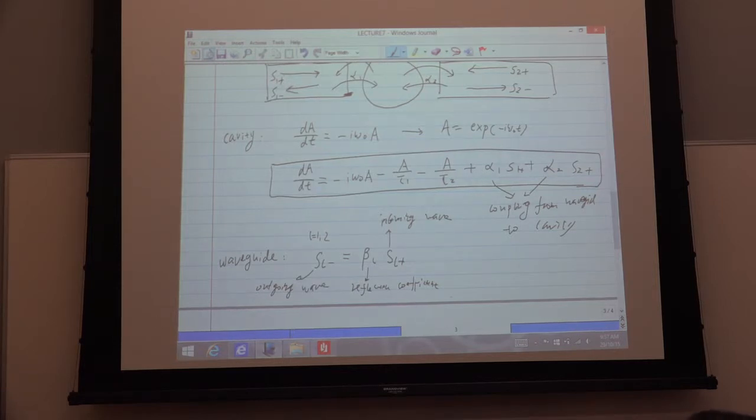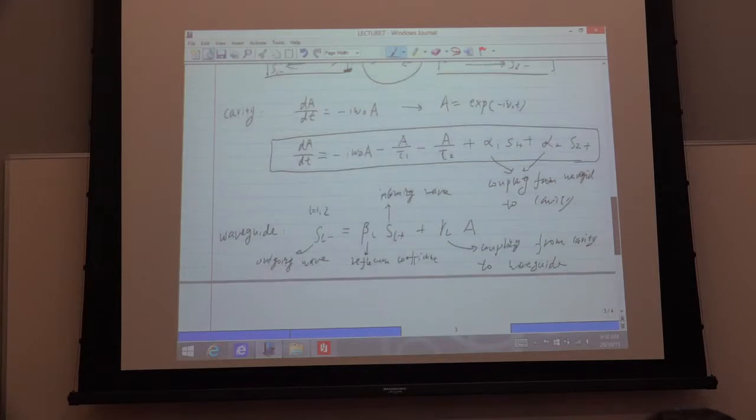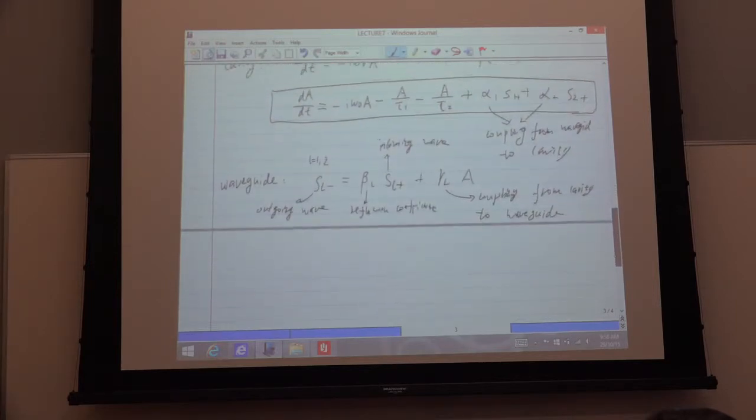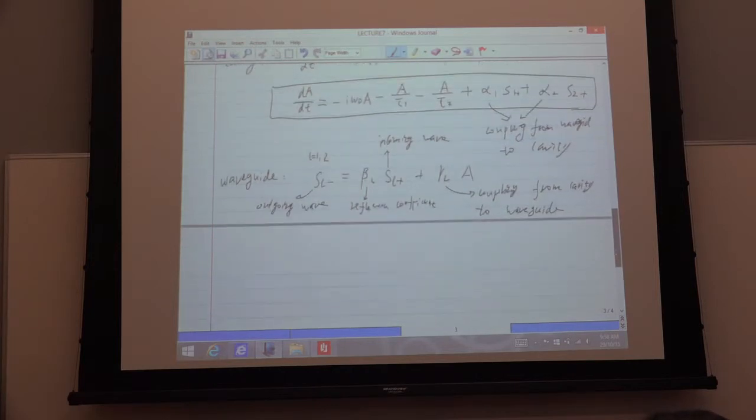Incoming wave and wave returning back. Plus gamma over A. Gamma A means coupling from cavity to waveguide. This is coupling from cavity to waveguide. We call it gamma A. This is something we draw.